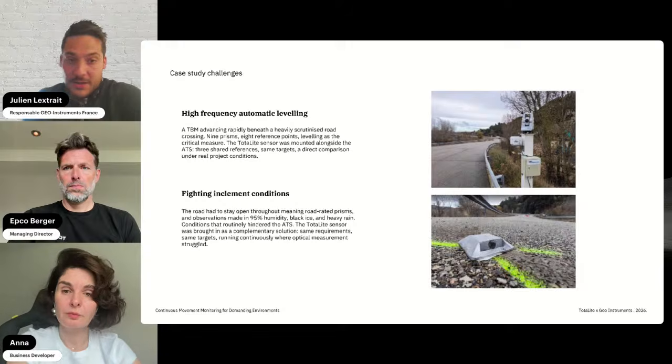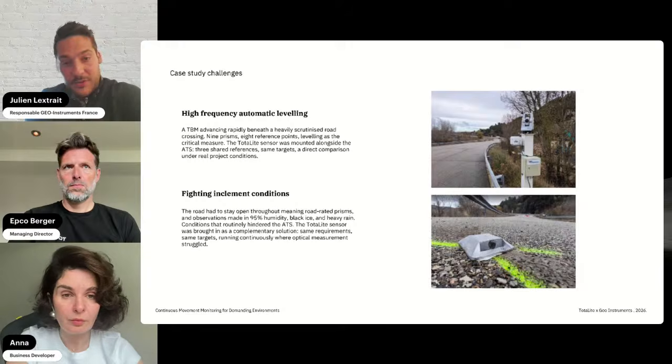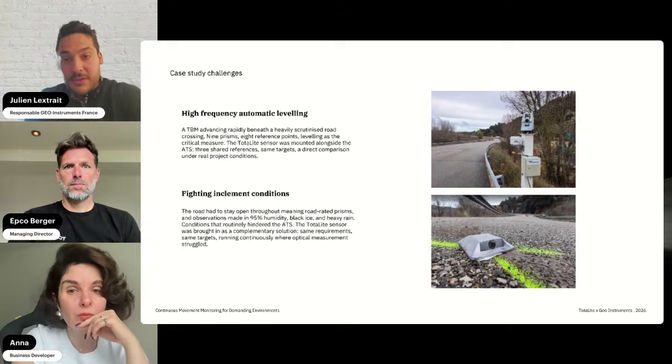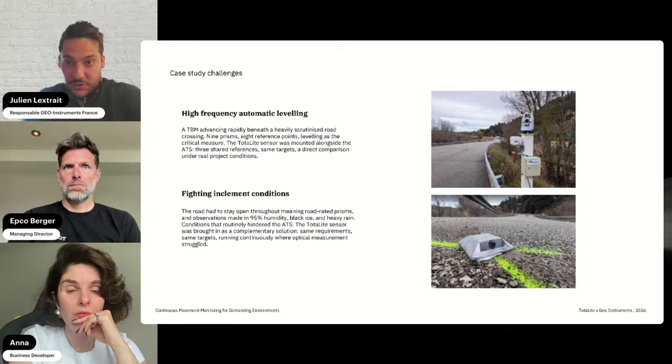This is the total station that was deployed in early December 2025, in just over a day. The client prepared a concrete base for us. We came in with a metal post, which gave us a good monitoring point of view.